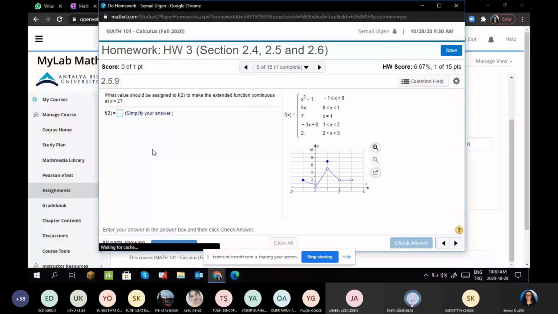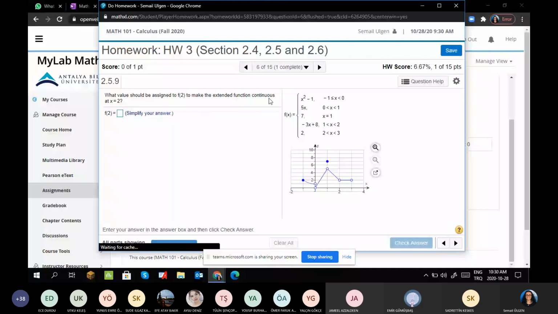I want to talk to you about these types of questions. Sometimes a given function is not continuous at a given point. But what you could do is extend it in a way that makes it continuous at a certain point.